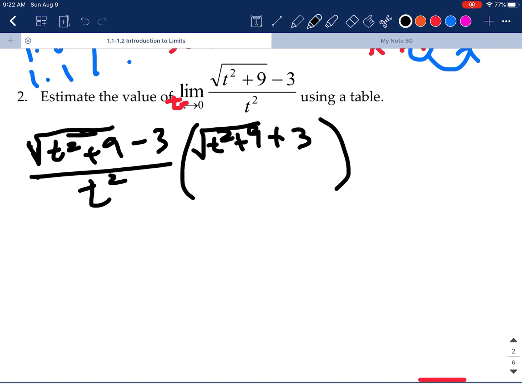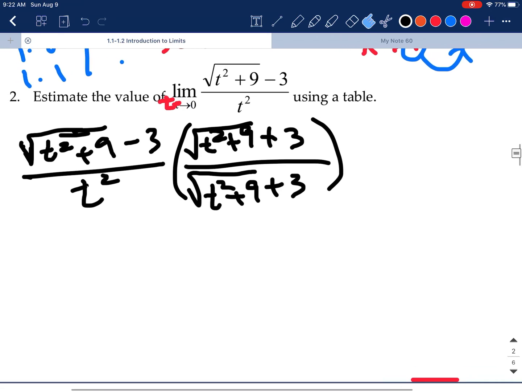That means I need to multiply by the conjugate. The conjugate is going to be the difference of squares expression in this case of whatever our term looks like. So I'm going to change the -3 to a +3. And then I can't just multiply the numerator, I also have to multiply the denominator by that. Let's see what happens when we distribute. On the top, we'll have a difference of squares expression.